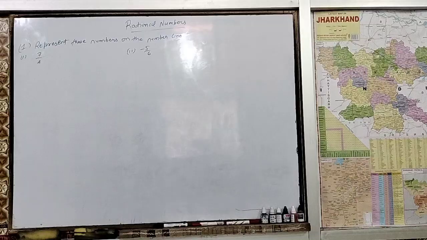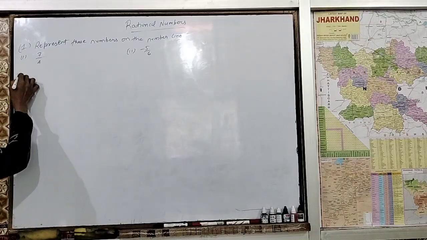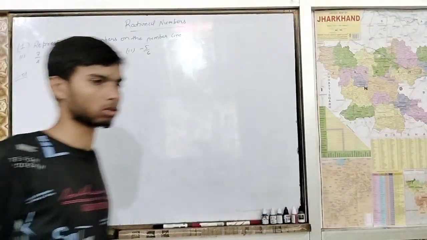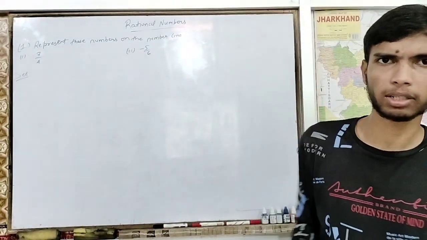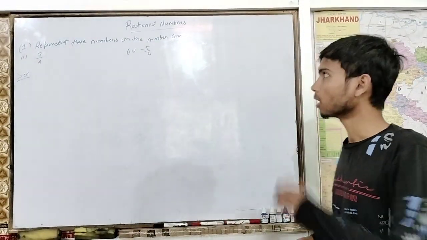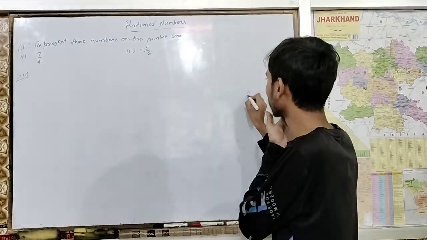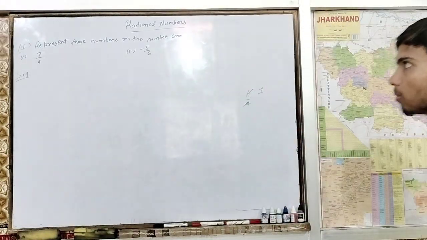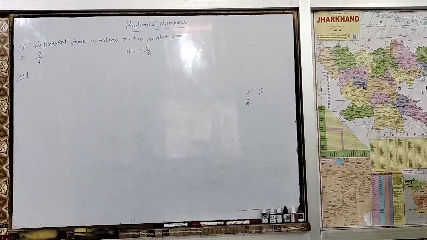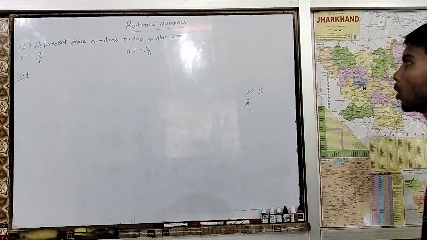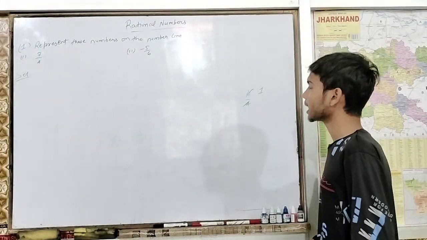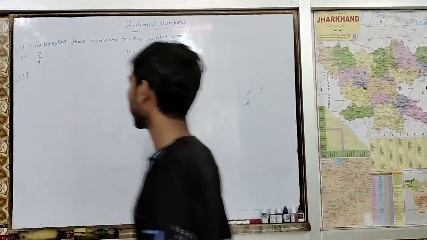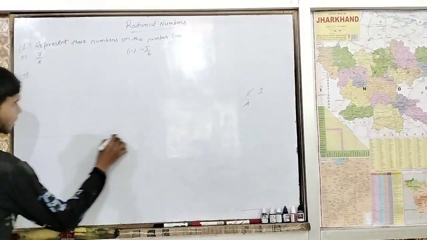Look here. We have 7 upon 4. 4 is the denominator. If you write 4 upon 4, it will become 1. So 1 is coming between 0 and 2, and it is going ahead of 1. Can we say that it is becoming like that?